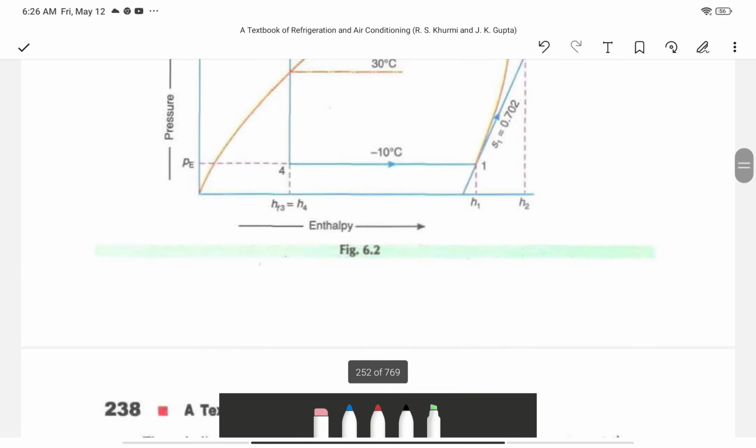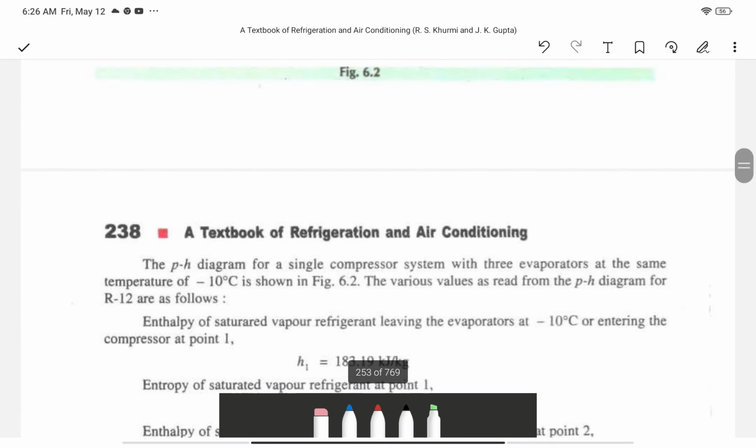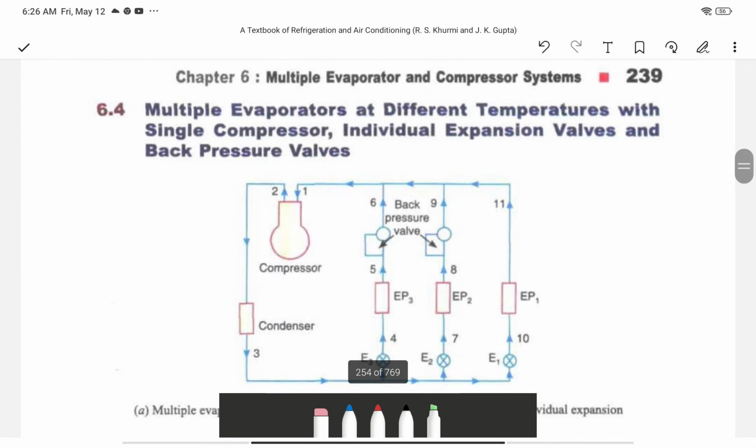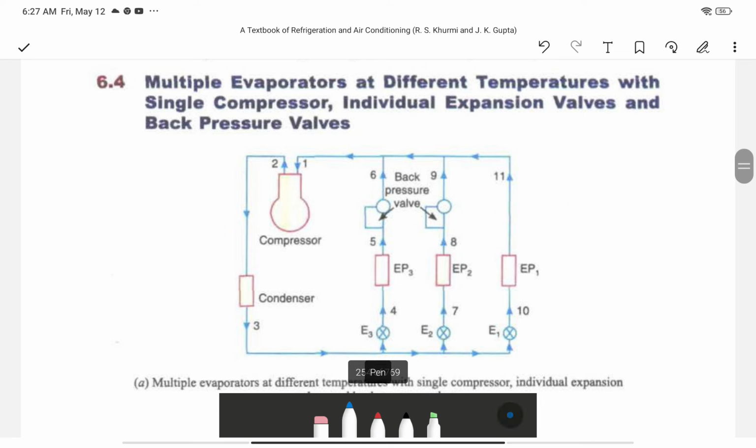Here it is, multiple evaporators at different temperatures, single compressor. So the setup will be like this. Suppose you have three spaces where you want refrigeration.